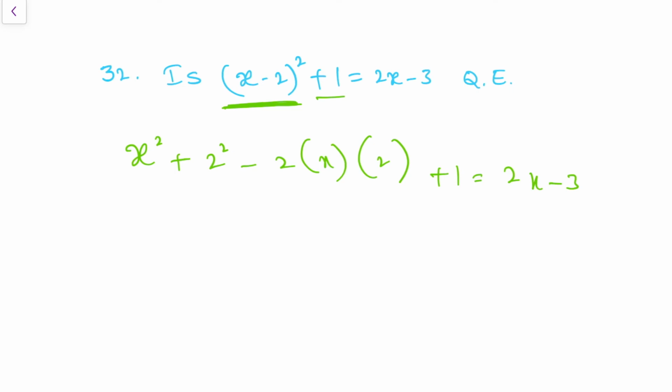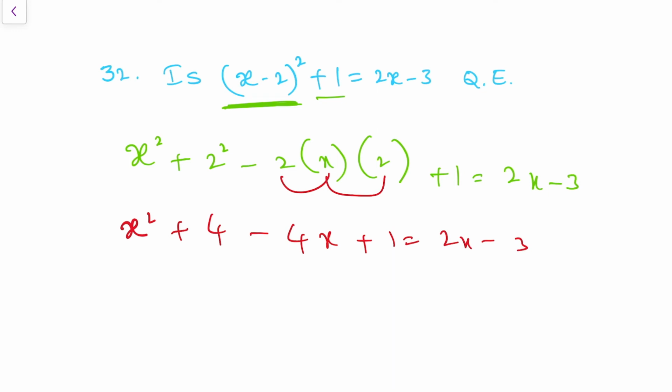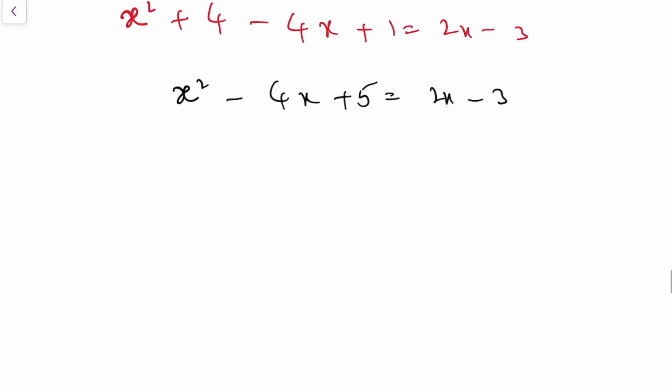Now, x square plus 2 square is 4, minus 2 into x into 2, that is 4x. Plus 1 is equal to 2x minus 3. x square minus 4x, 4 plus 1 is 5, equals 2x minus 3. Now, everything I'll bring to the left side first. x square minus 4x plus 5 plus 2x.